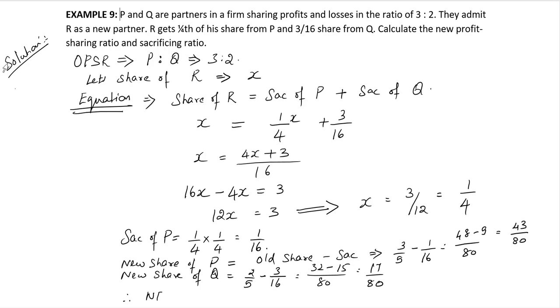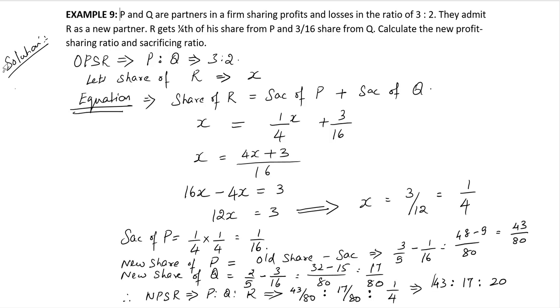Therefore, NPSR between P, Q and R is equal to 43 divided by 80 is to 17 divided by 80 is to 1 divided by 4, or 43 is to 17 is to 20.